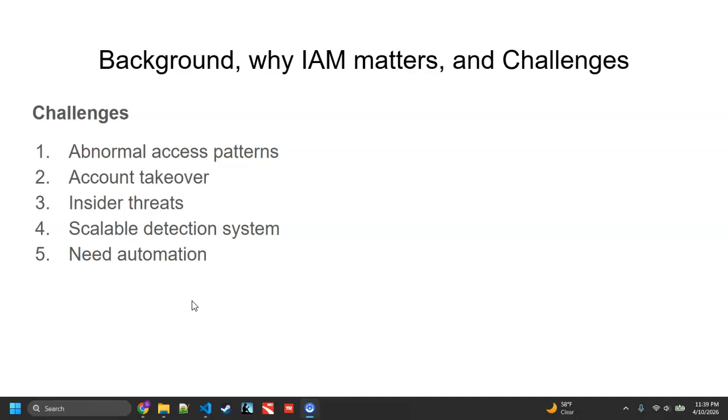Those are three key risk patterns, and they're difficult to detect manually, especially at scale. Because of this, organizations need to adopt automated data-driven approaches to analyzing authentication logs and identifying risky behavior.